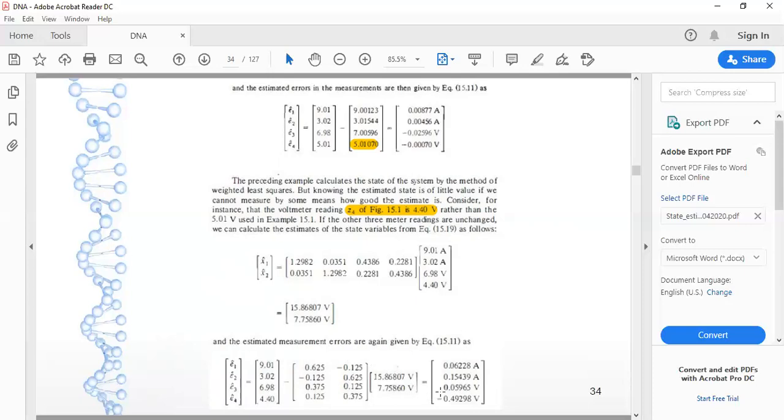And now my error will also increase. After changing this fourth variable only, my error has increased to a much larger value. Previously it was only this much, and now my value is very high.